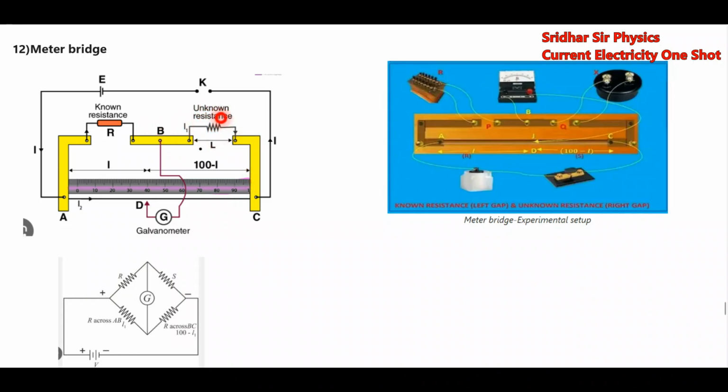The known resistance is connected here, and there's a galvanometer connected here, and there's a cell. We have the keys. So there's a circuit here now. The unknown resistance is R, and S is a known resistance. You can see S is here.